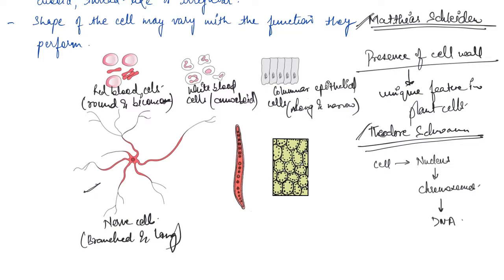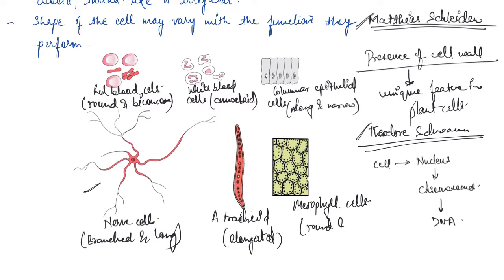Now, guys, remember that nerve cells are considered some of the longest cells, right? Again, this is a plant cell, a tracheid, which is elongated. Again, a different type of plant cell, mesophyll cells, which are round and oval in shape.